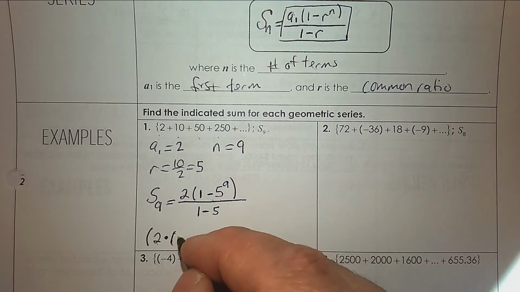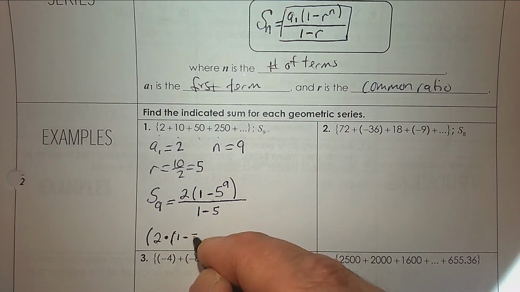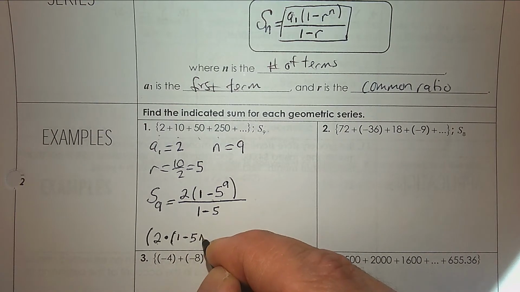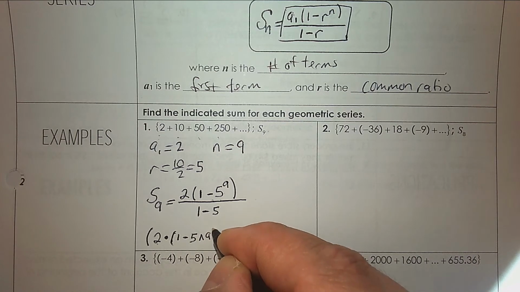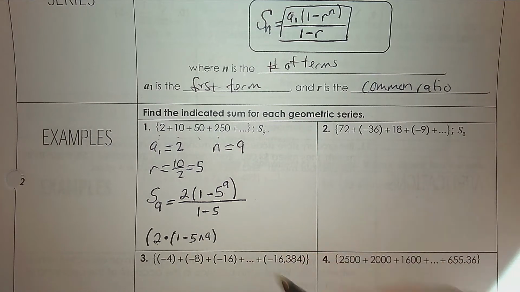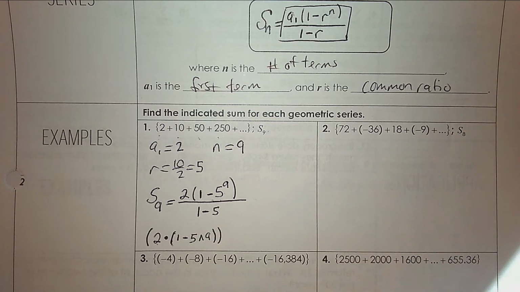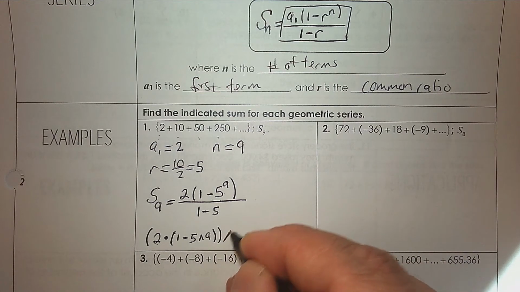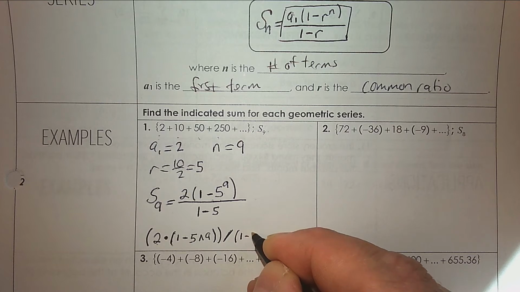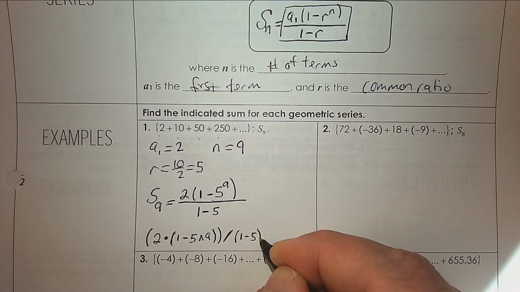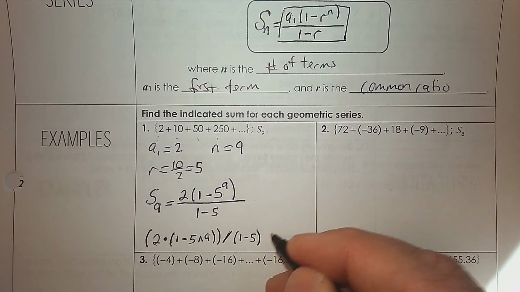Then you're going to go 1 subtract 5 to the exponent 9, and you're going to close it. And then close it again for the numerator. Then you're going to do a fraction line and another parentheses. And you're going to type in 1 subtract 5, and then close the denominator. That is what you're going to do.